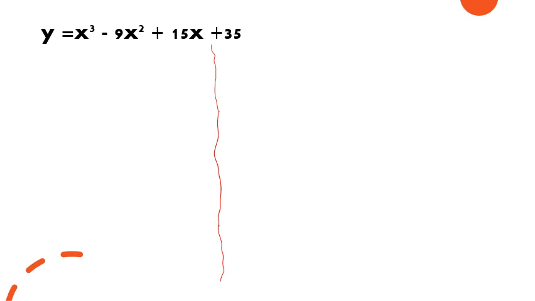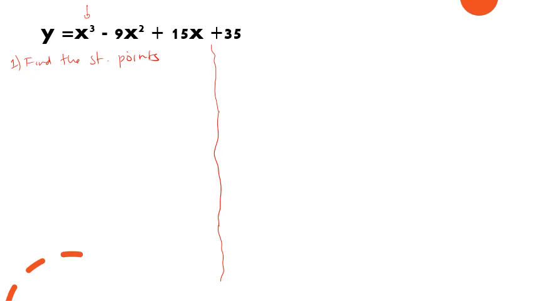So what we need to do first is to find the stationary points. Here the highest power is 3, so the maximum number of stationary points will be 2.